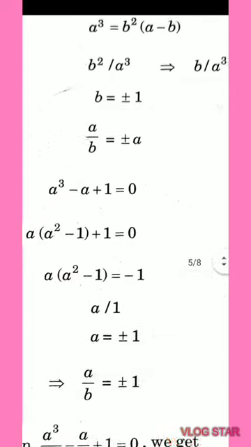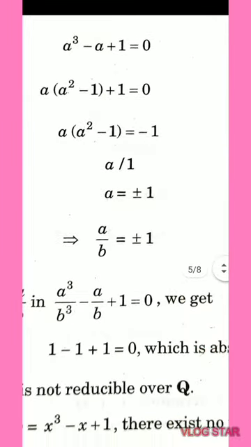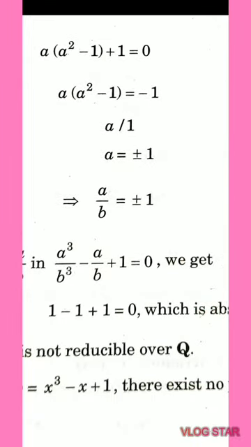Now, if a/b = a, we have a³ − a + 1 = 0, and a(a² − 1) + 1 = 0, and a(a² − 1) = −1, so a divides 1. So a divides 1, and therefore a = ±1.